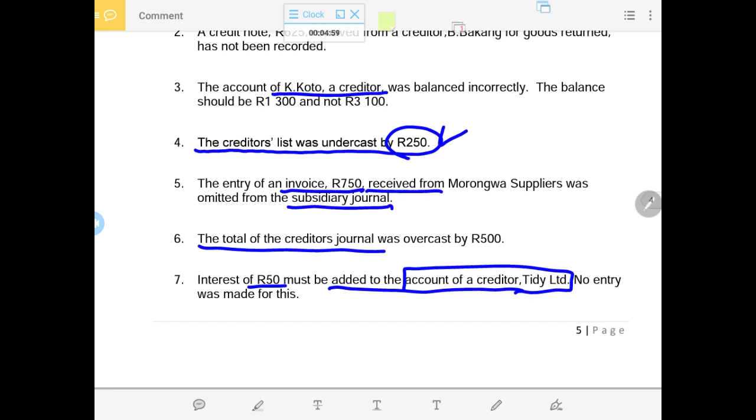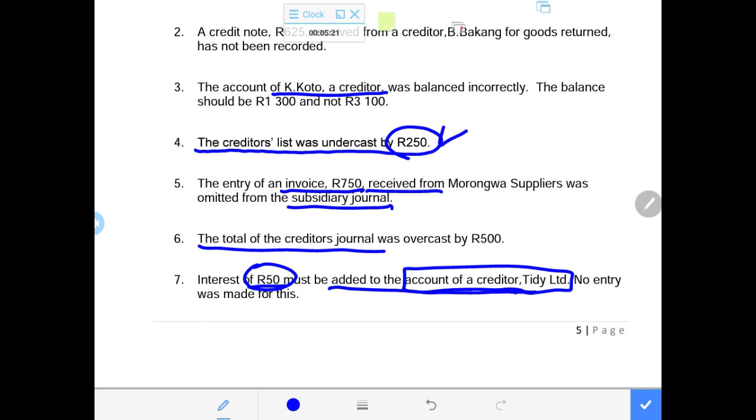The last entry that will be missing is the interest. Hope I won't be confusing with that. The interest is what I think will need to be recorded lastly, because the interest was not recorded in the account. And because we did not buy, after the interest is added here, our creditors control must also be adjusted.